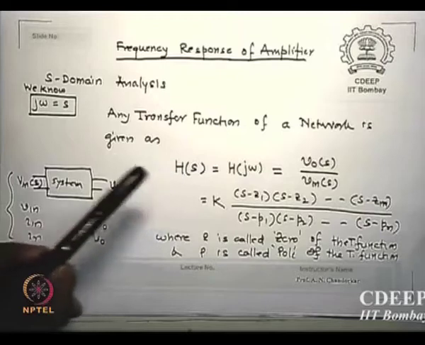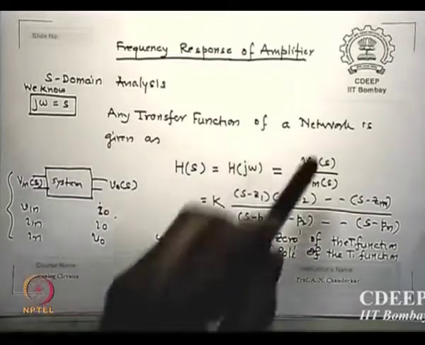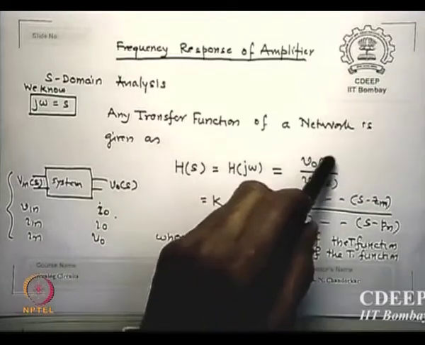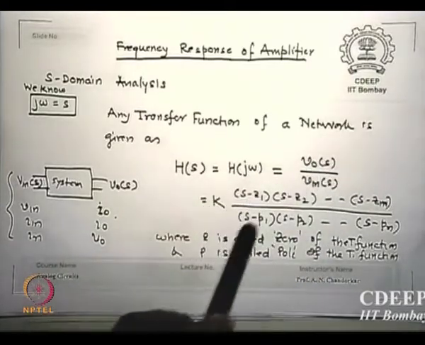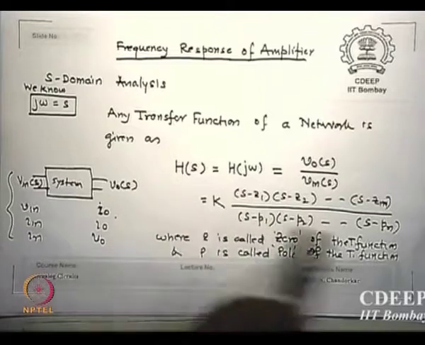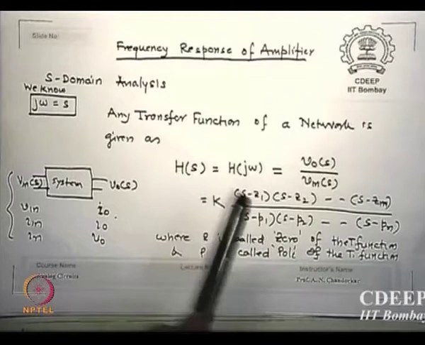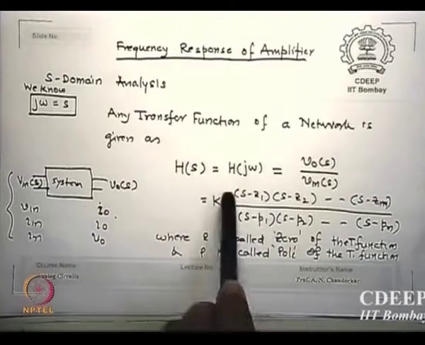A typical transfer function of the network shown here is H(s), or H(omega), which is V0(s) upon Vin(s), and can be written arbitrarily in this form. K is a constant, independent of frequency.